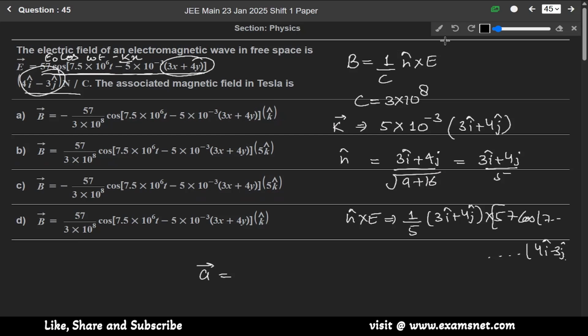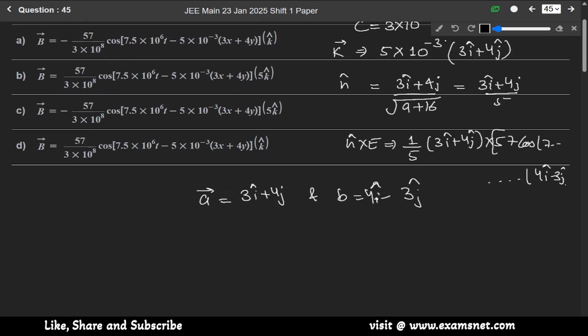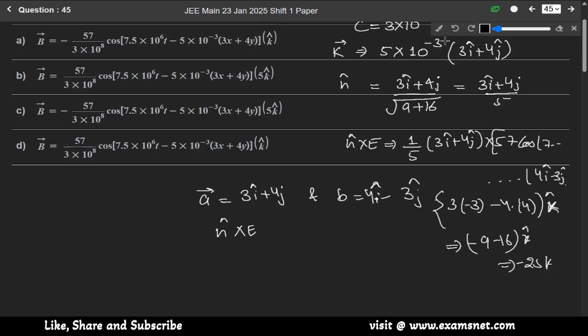Let us say A is 3 i cap plus 4 j cap and B is 4 i cap minus 3 j cap. When we take the cross product, i into j cap and j cap into i cap give k cap. So it will be minus 9 minus 16 k cap, meaning minus 25 k cap.